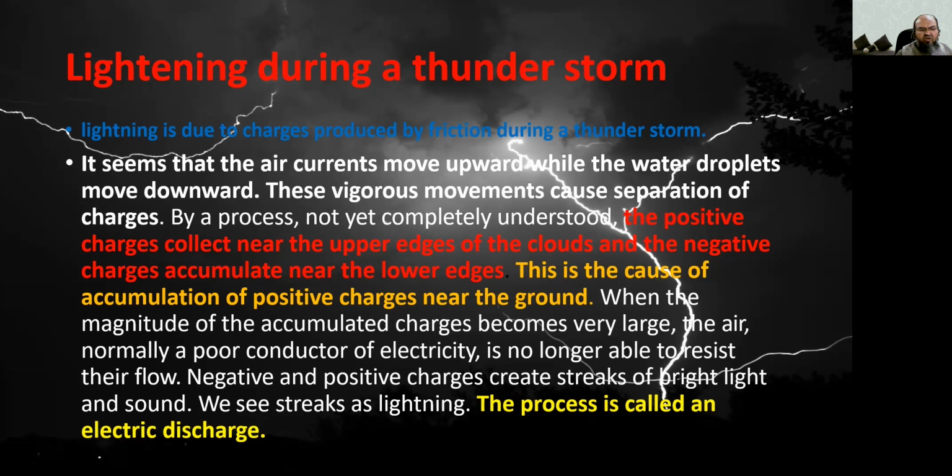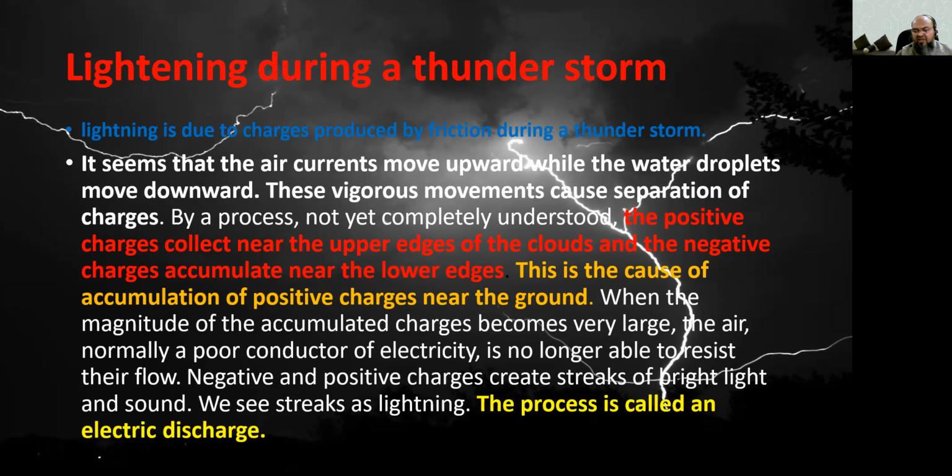So this is the cause of accumulation of positive charges near the ground. When the magnitude of the accumulated charges becomes very large, as you have seen between the bottom of the cloud and the top surface of the earth, it is no longer able to resist the flow. Why is it not able to resist the flow?